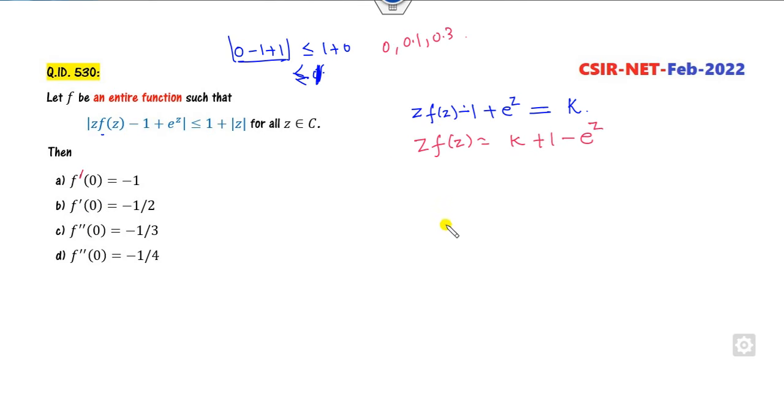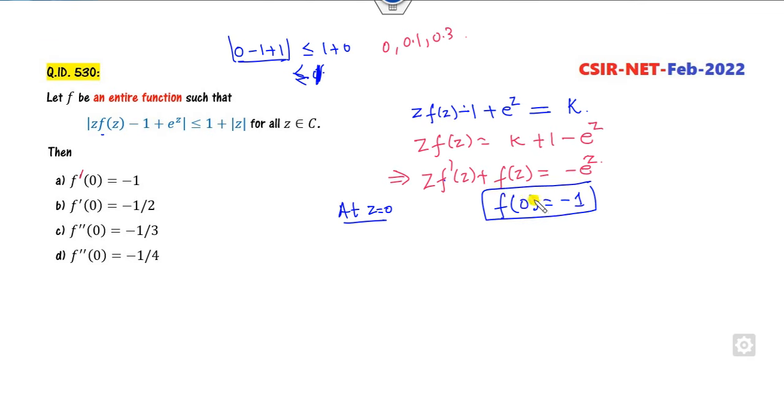into z? Fine. Now if I take the derivative, f dash plus f of z is equal to 0, minus e raised to power z. Then the first derivative at the point 0, this value will be 0. This value, f of 0, is minus 1. Now we get f of 0 is minus 1, but we need f dash.